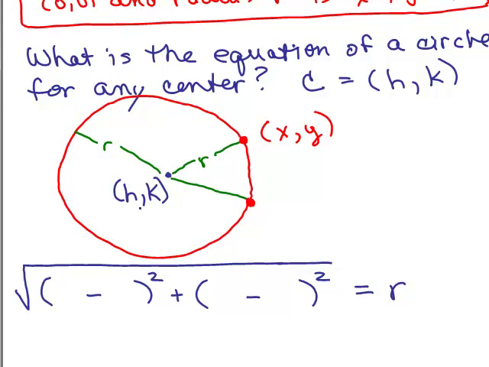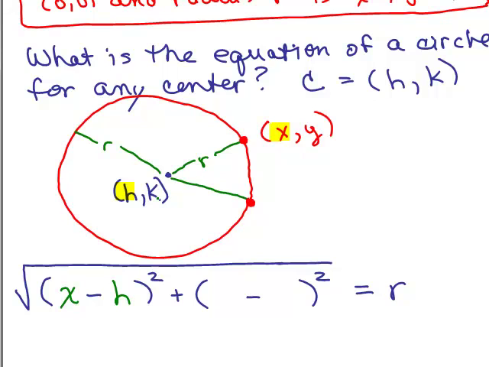So I'm going to do the difference between the x coordinates. I could take my x minus my h, right? Those are the two x coordinates here. I have an x and I have an h. So I'm just taking the difference of the x and the h. The difference of the x coordinates will be x minus h.